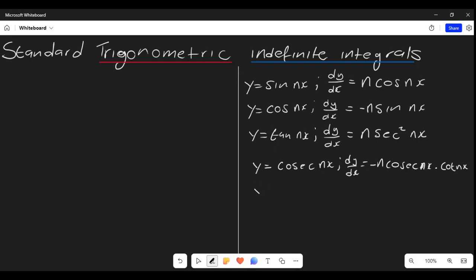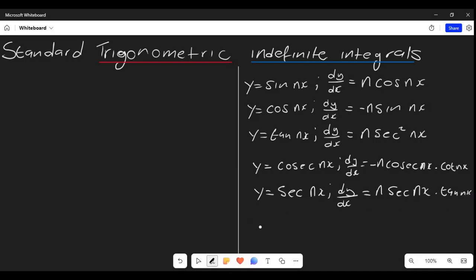What about the inverse of cos, which is sec nx? What is the dy over dx? It's going to be n sec nx multiplied by tan nx.